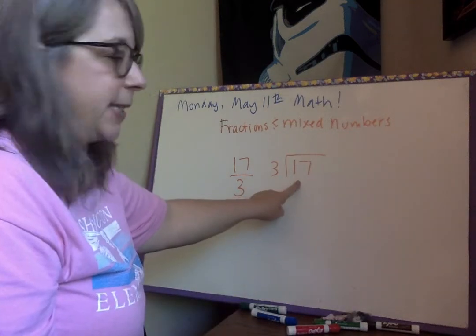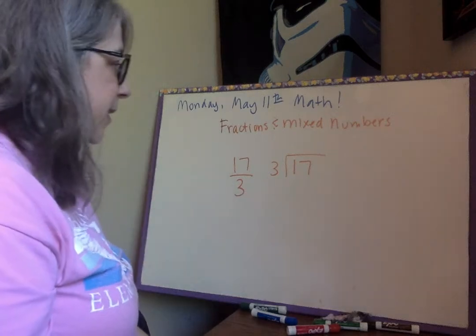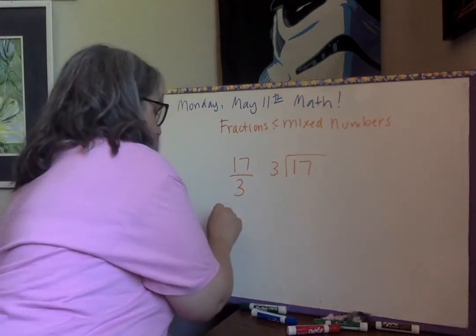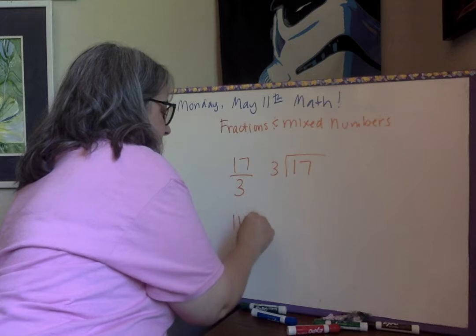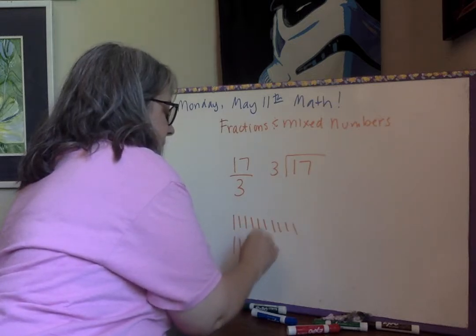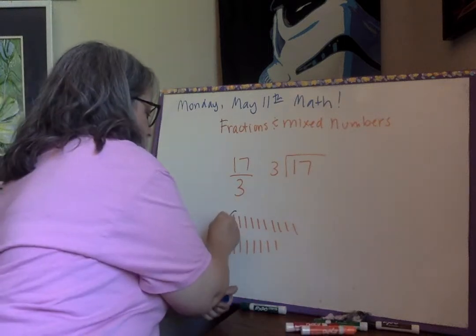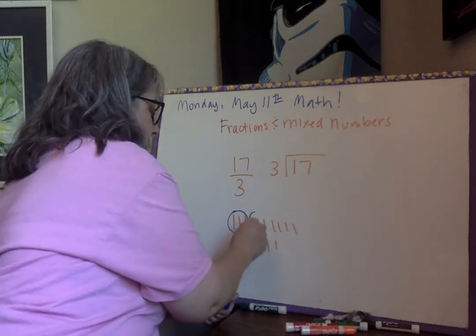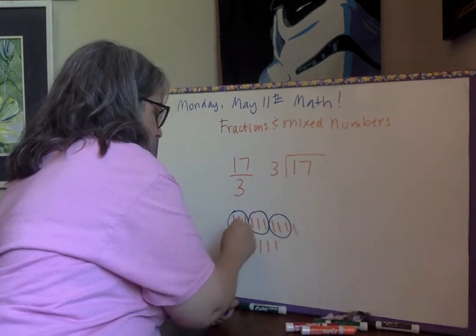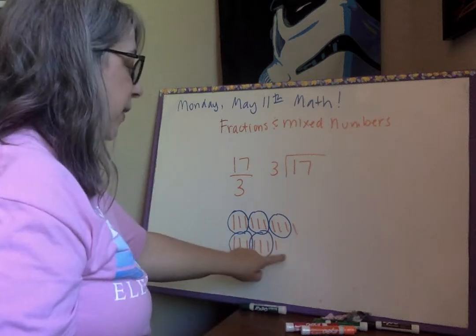We have to get as close to 17 as we can without going over. 3 is not a factor of 17, so let's get it figured out. So here we go. 1, 2, 3, 4, 5, 6, 7, 8, 9, 10, 11, 12, 13, 14, 15, 16, 17. Well, let's divide this into thirds. There's 1, 2, 3, 1, 2, 3, 1, 2, 3, 1, 2, 3, 1, 2, 3. Now we have 2 left over.